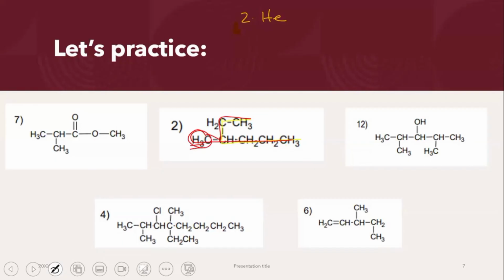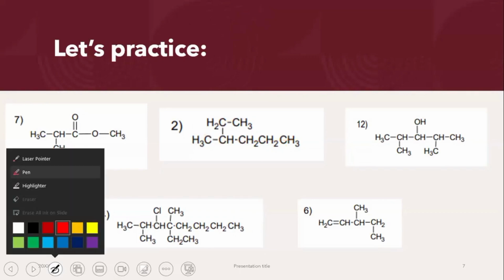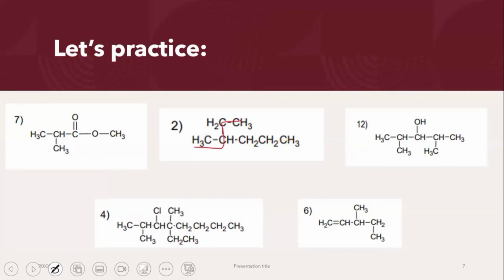You can actually make multiple chains, right? I can make a chain like this, but that would only have 4 carbon atoms. It's not my longest chain. I can make a chain like this, but that would have 5 carbon atoms. That is also not the longest chain. If I join all the carbon atoms like this, I get 6.